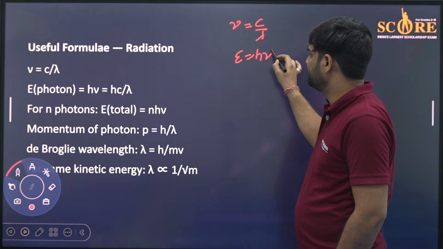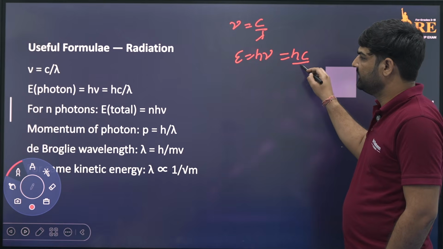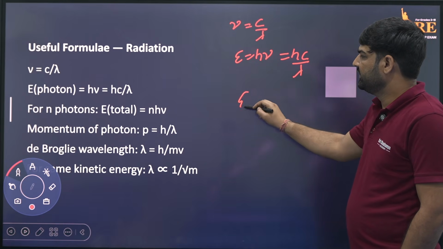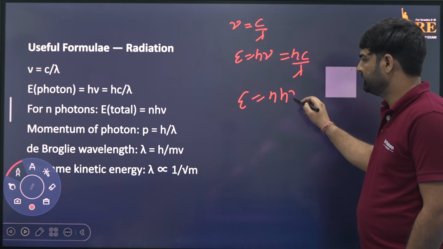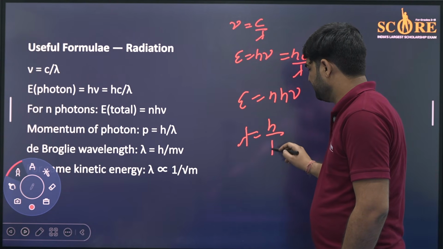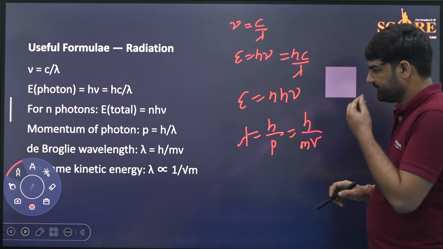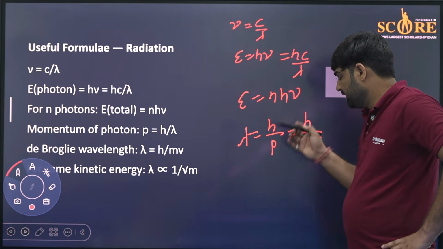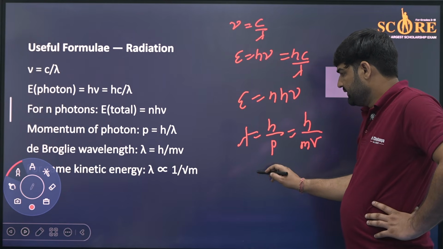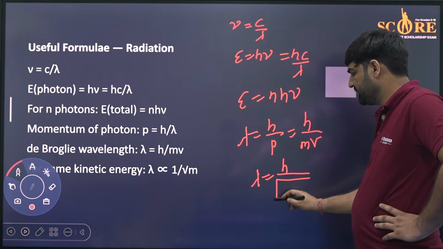Energy of each photon is h nu. You can write hc by lambda. For n photons, energy will be n h nu. You know lambda equals h upon p, and you also know momentum is mv. And we can also write the relation between lambda and kinetic energy.